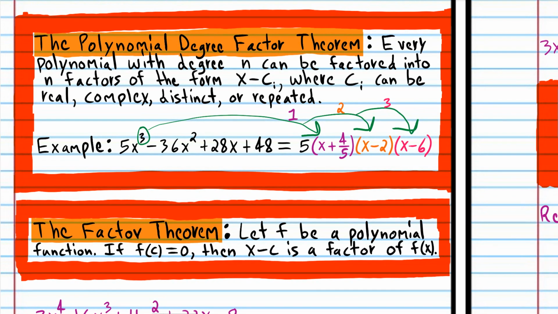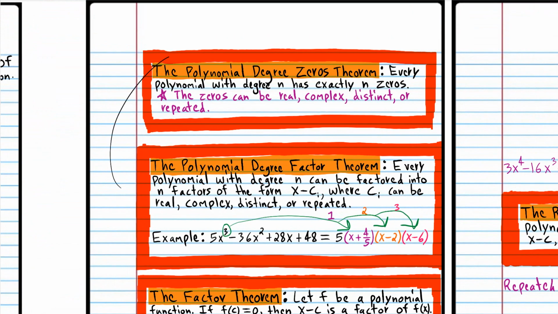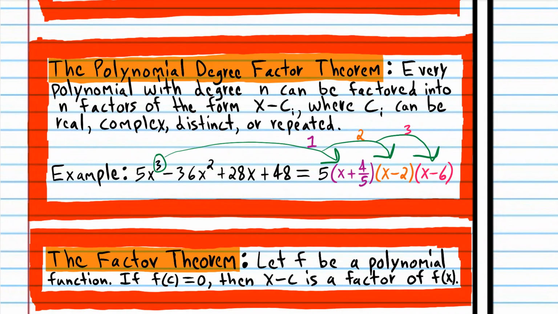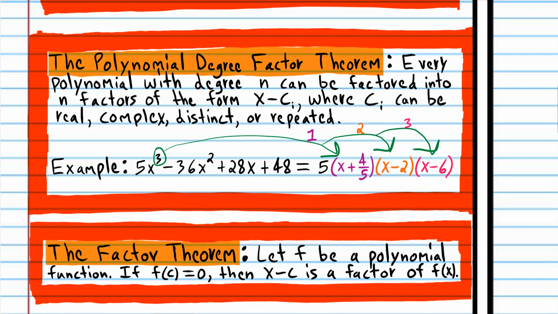And this theorem that we learned up here is actually kind of a result of the polynomial degree factor theorem. So notice that we have, in this example, a degree 3 polynomial, and we factored it into 3 expressions of that form in green.